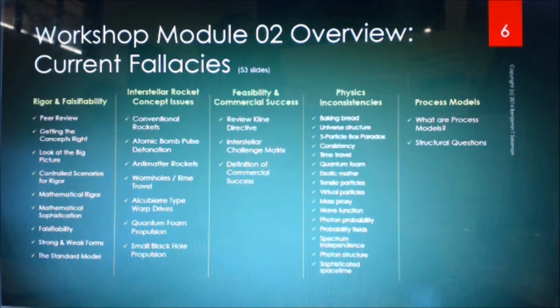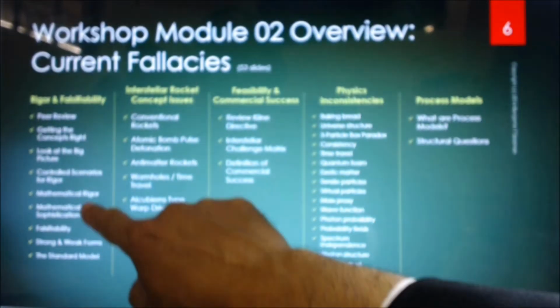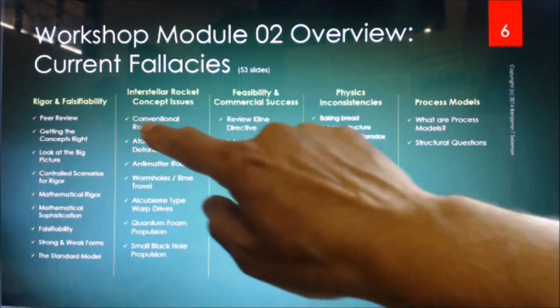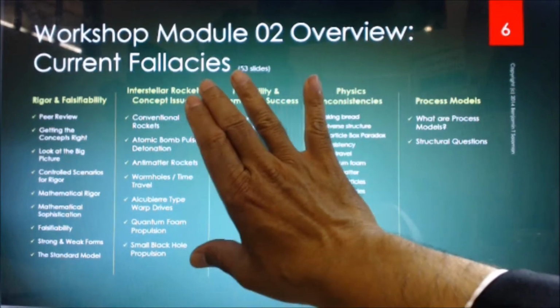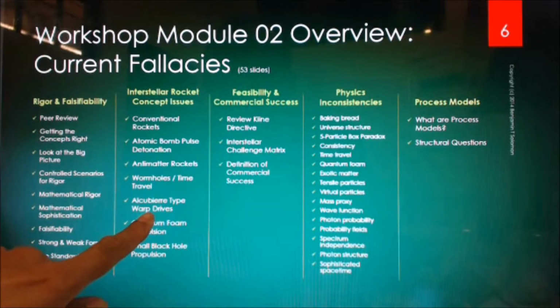Second workshop is current fallacies, and we have to go back and look at what is rigor and falsifiability. How should peer review be working? Then we look at interstellar rocket concept issues, and we'll see here the LQBI type warp drives. I've put this under concept issues. NASA is funding the early stage research of this, and they are the right people to fund this, even though I believe this is a fallacy, and I'll explain why.